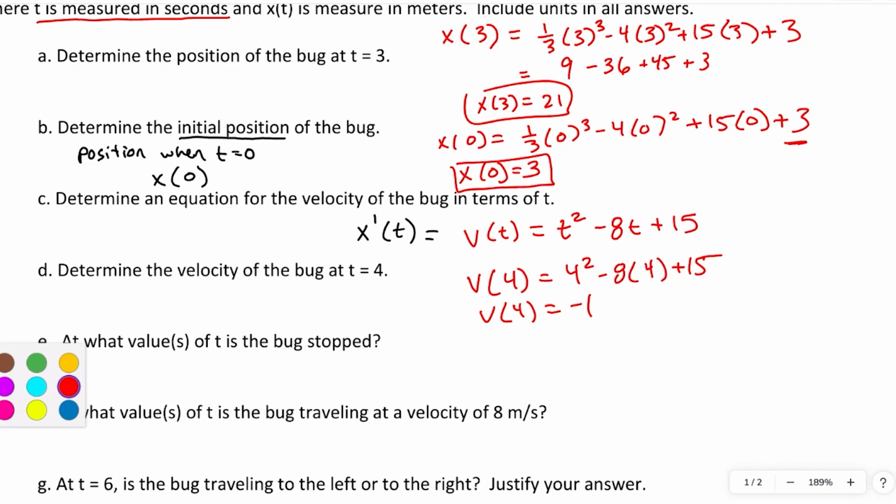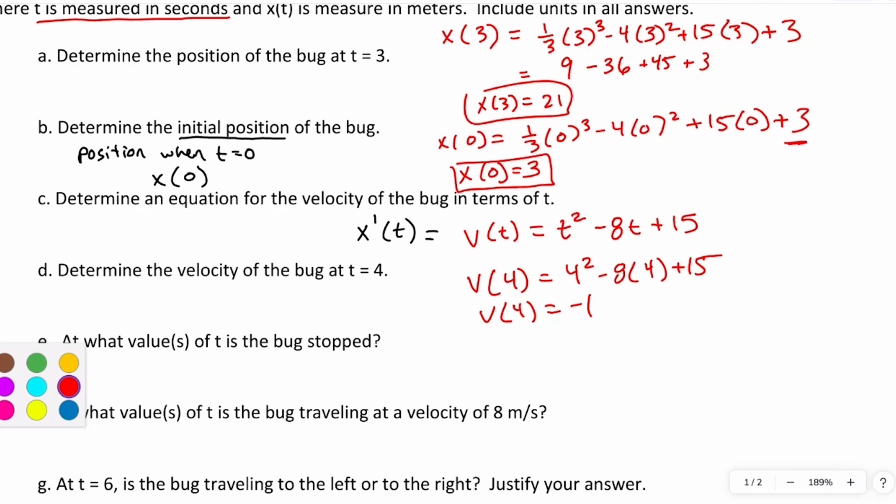Now, one thing to note here, like I was saying earlier, is that whether or not your velocity is positive or negative gives you some information about how the bug is moving. Rather than a speed, which is a scalar, just a numerical measurement of how fast you're moving, velocity is a vector. So not only does it have a speed, but it's got a direction attached to it. The way that's represented is whether the value is positive or negative.